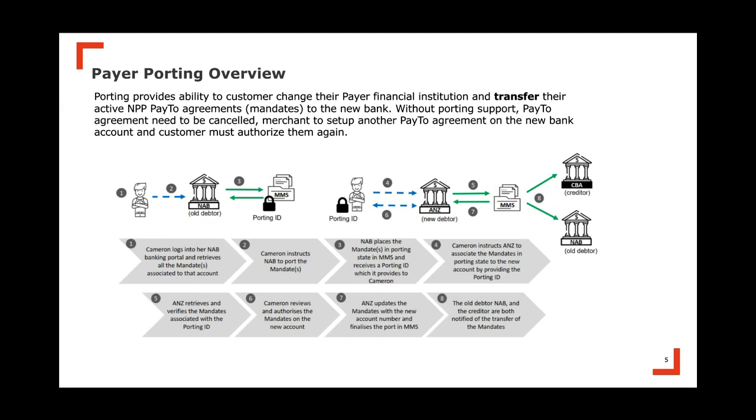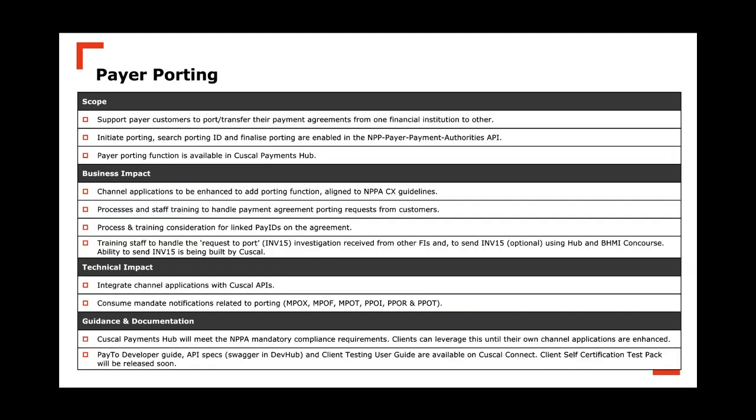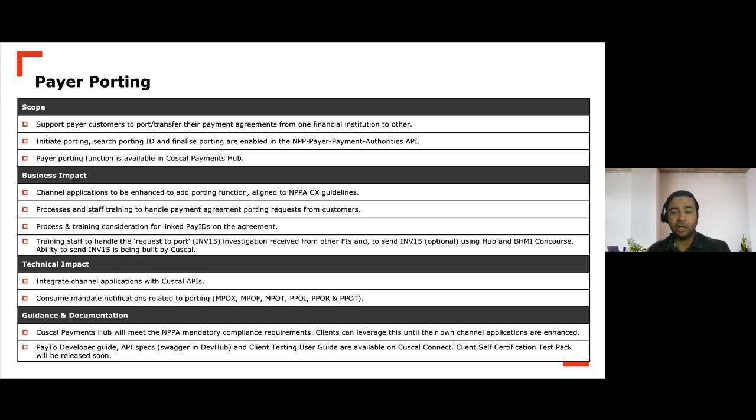Okay, let's move to the next slide, and we'll talk about the high-level scope and impacts. As I said, this is to support customers. At this stage, when the market hasn't got porting support, the only way for customers to move to another bank is to cancel the agreement and request the merchants to set up their debits on the new account or new PayID with the new institution.